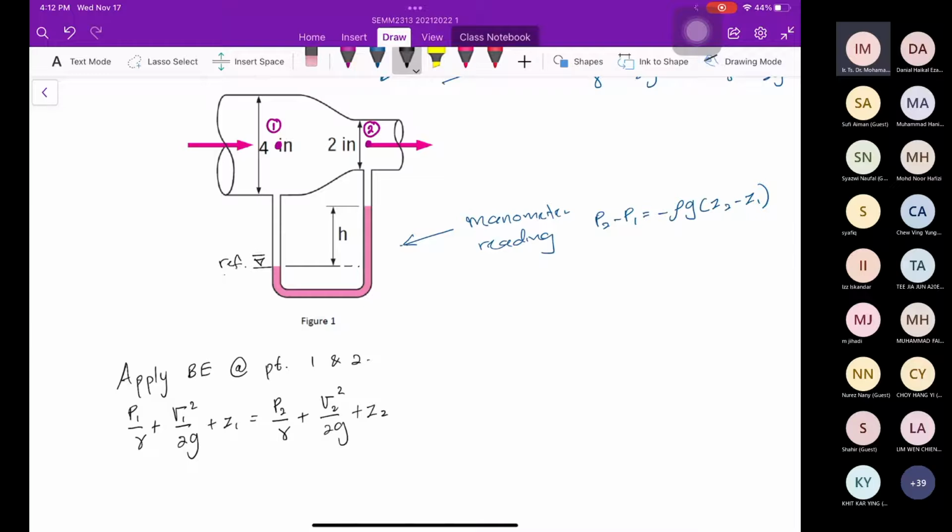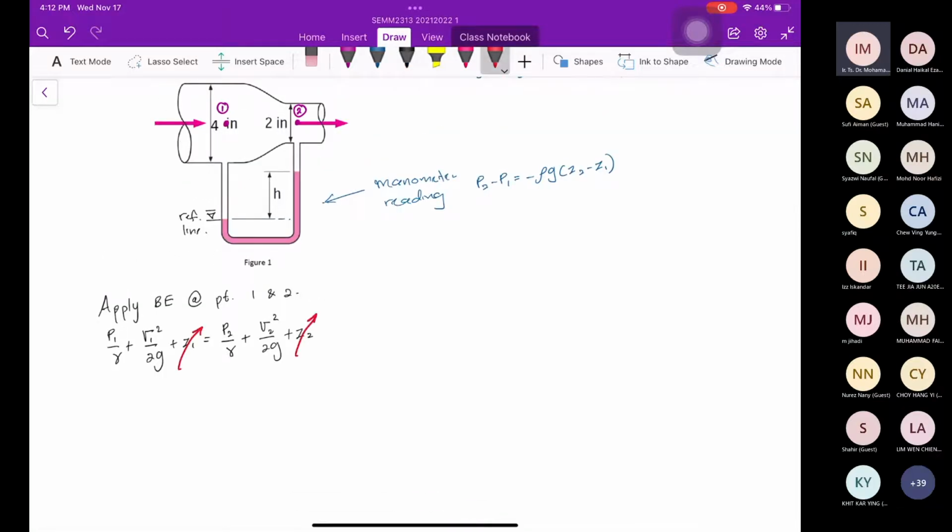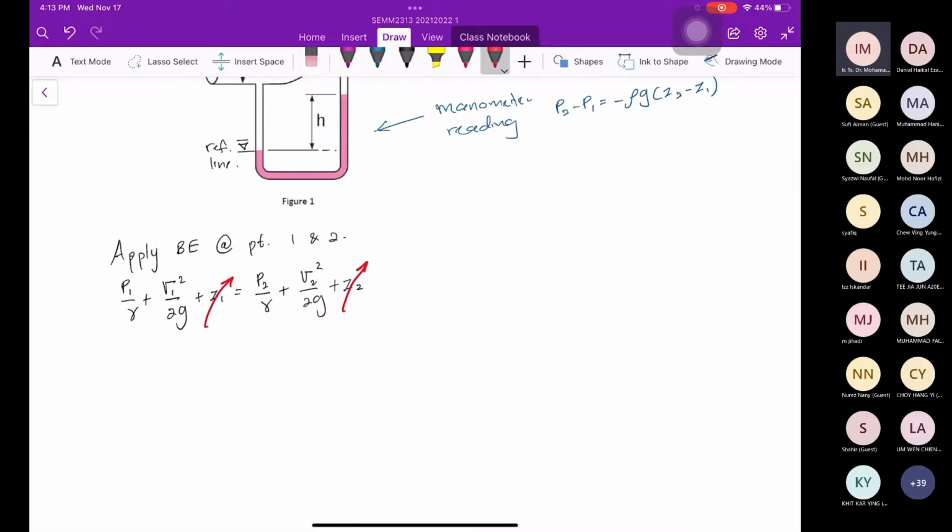That means the elevation is the same, so I cancel out. So what should I get here? I move P2 to the other side and this one goes to the left, right? So P2 minus P1 over gamma equal to (V1 squared minus V2 squared) over 2g.